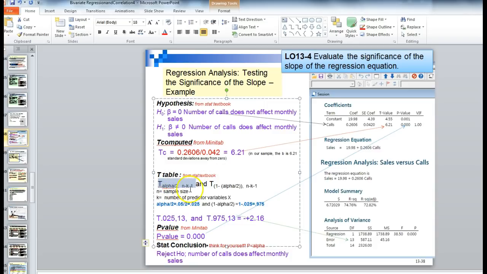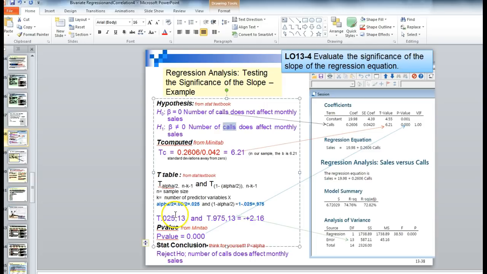Again, this t distribution depends upon the sample size, so that's why we have these degrees of freedom. n is my sample size, and k is the number of predictor variables. Right now we just have calls. Pretty soon we'll be adding more predictor variables to explain the variation, but for right now we just use calls to explain how many copiers are sold.